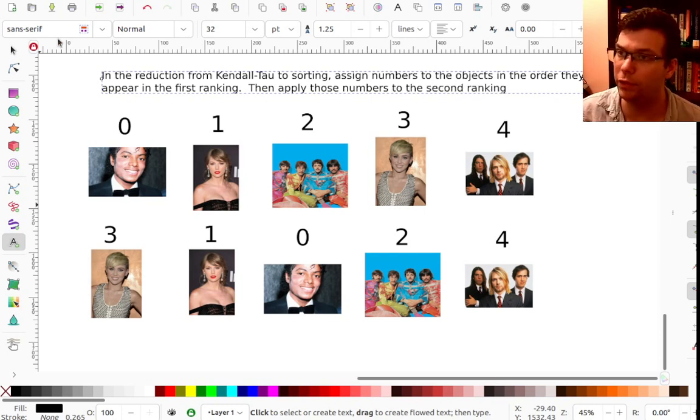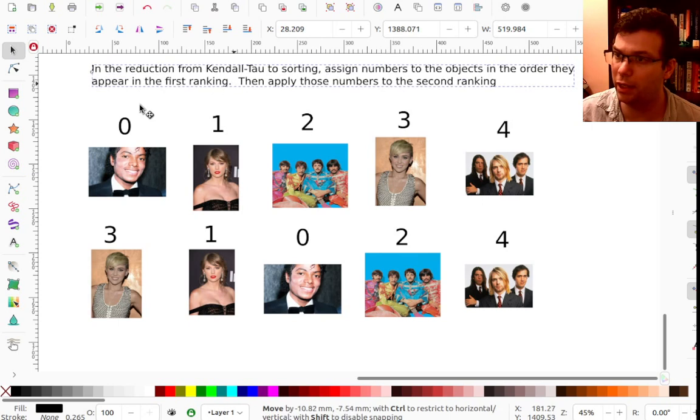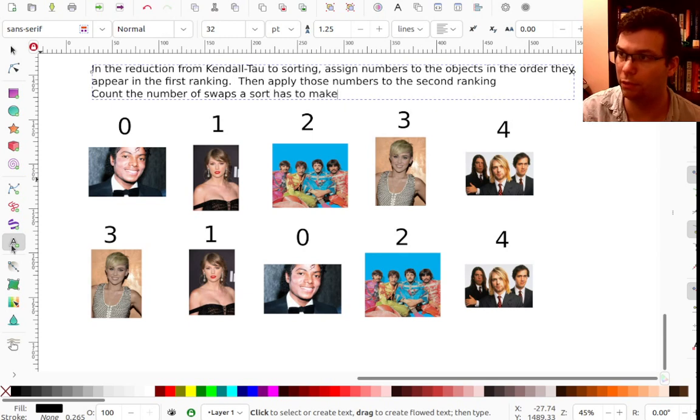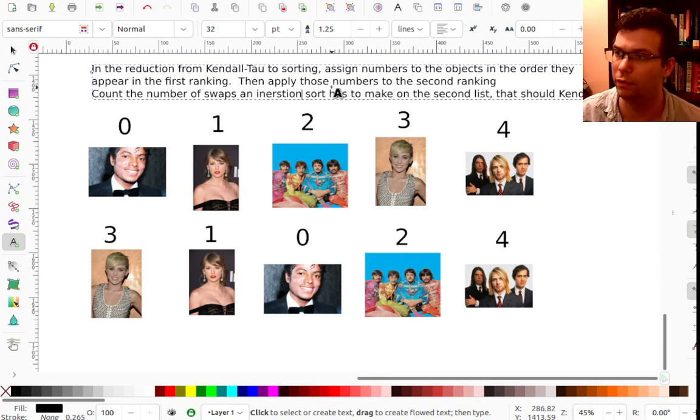And now the reduction is, if I count the number of swaps a sort has to make on the second list, that should be the Kendall tau. All right? And I should say, maybe I'll specify here, I'll say an insertion sort to start with.